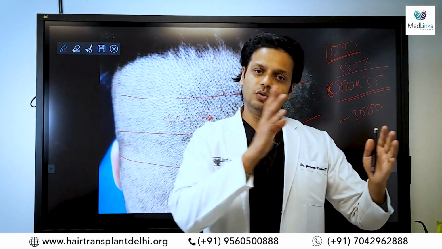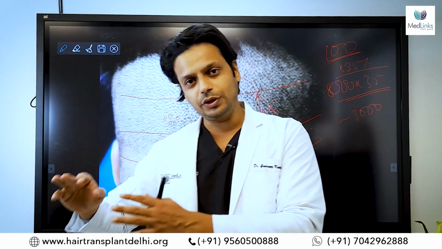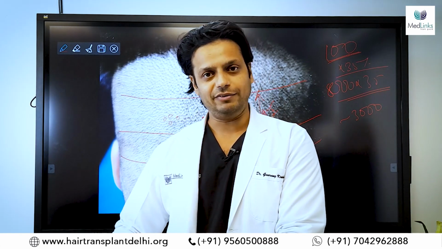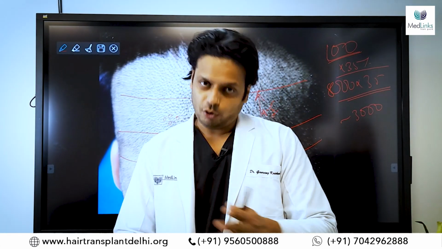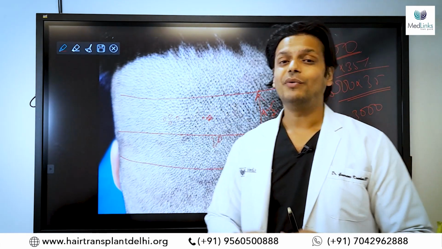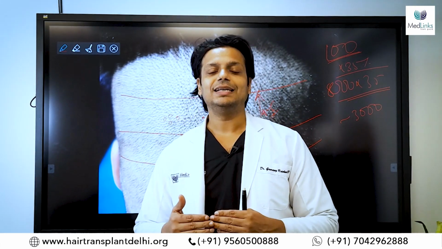So we see the number that can be extracted either through FUT alone or through FUE alone is the same. It varies between 2500 to 3500. FUT does not score over FUE or vice versa when it comes to number of grafts. However, when we combine the two techniques, then we get 1000 to 1200 more grafts.